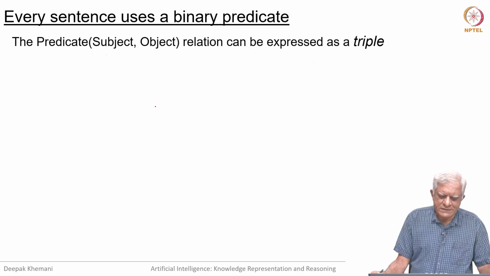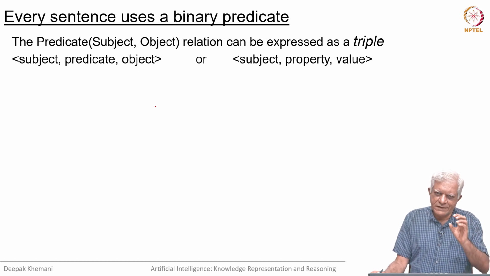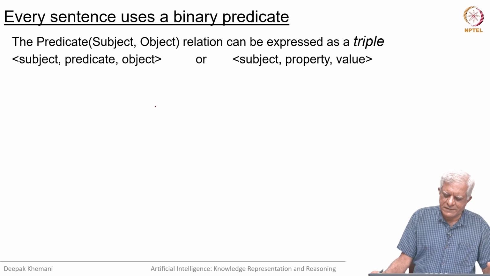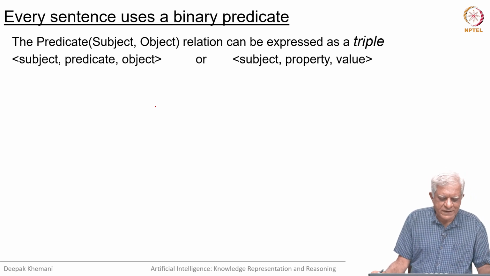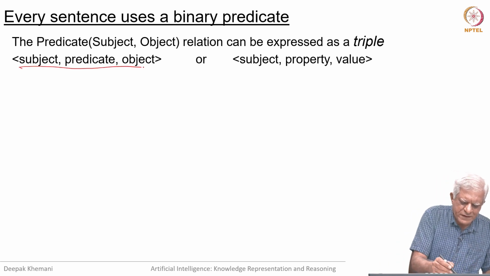The predicate, subject, object, which is the binary relation we have talked about. For example, actor of event 45 was Divya can be expressed as a triple. So, it is a collection of 3 items. Some people refer to it as subject, predicate, object.